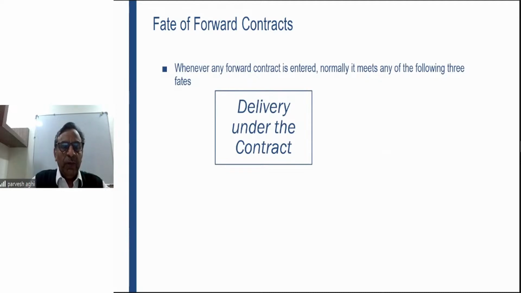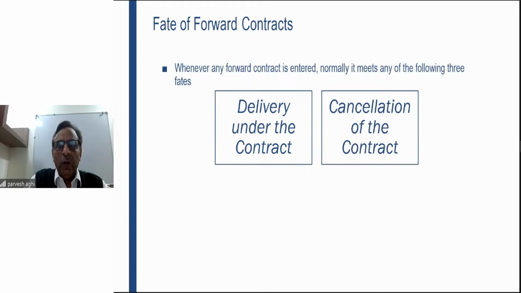That means if we have taken a forward contract to purchase dollars or any other currency, on that day we purchase those dollars, take the delivery of the dollars from the bank and pay in Indian rupees. Suppose it's happening between Indian rupees and a foreign currency, say the dollar. We would be paying the dollars to the supplier when we are importing, and we will be giving rupees to the bank. So that is delivery under the contract.